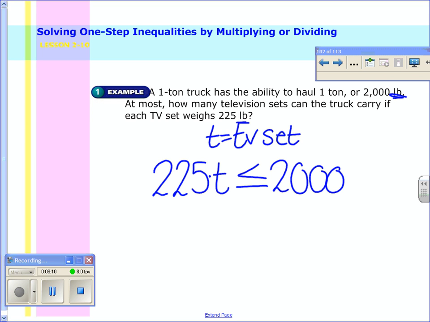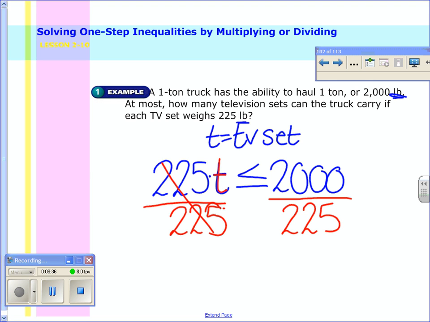Then if you go ahead and solve, I have 225 times t is less than or equal to 2,000. To solve this, I need to do the opposite of what they're doing. They're timesing 225, so I'm going to divide by 225, and I do that to both sides to keep it even. I'm left with t is less than or equal to, well, let's see.